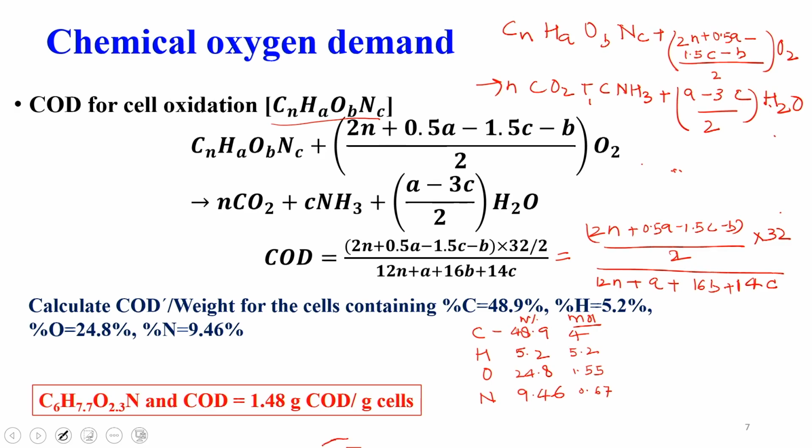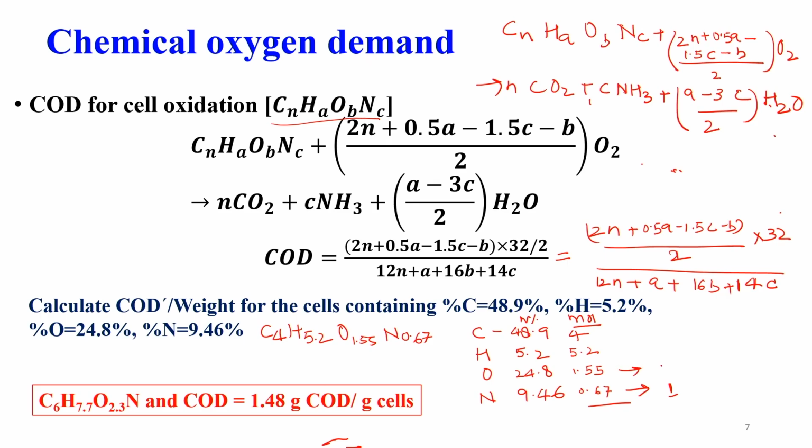It is coming out to be C4H5.2O1.55N0.67. So one option is this. The second option is to normalize, making 0.67 to 1, which means we multiply all by 1.5.